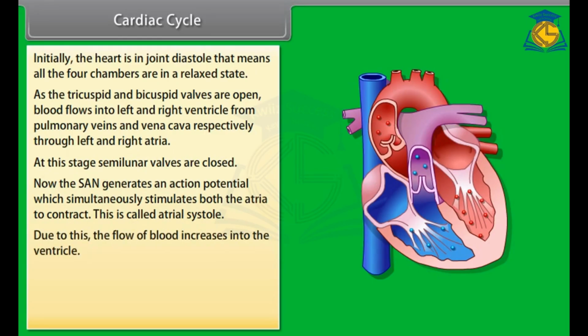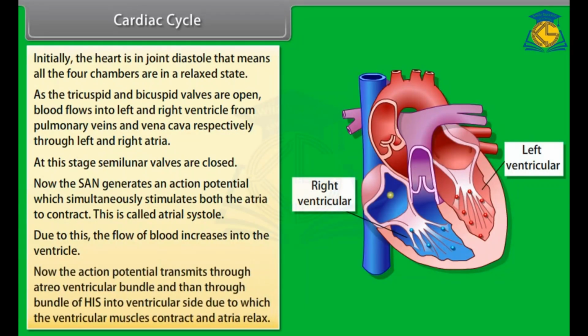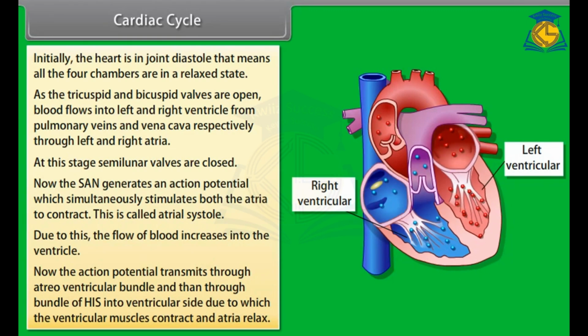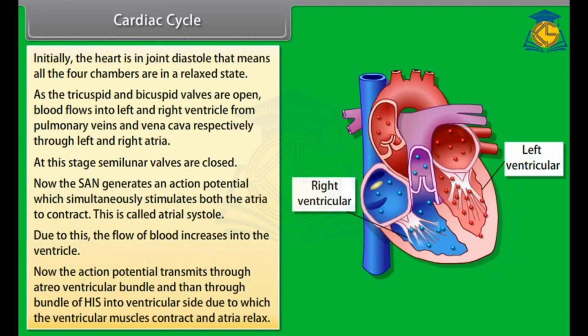Due to this, the flow of blood increases into the ventricle. Now the action potential transmits through the atrioventricular bundle and then through the bundle of HIS into the ventricular side, due to which the ventricular muscles contract and atria relax.